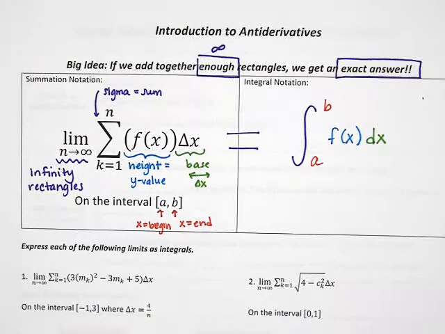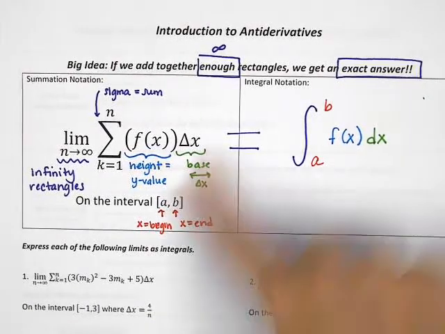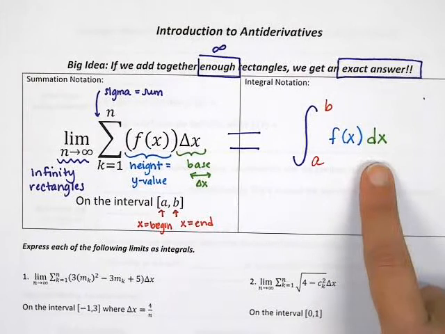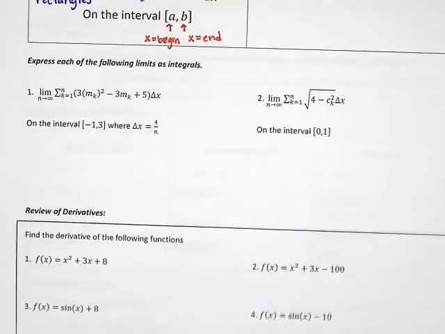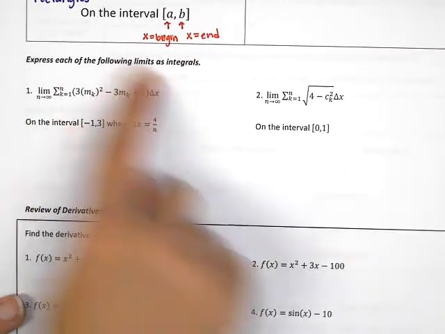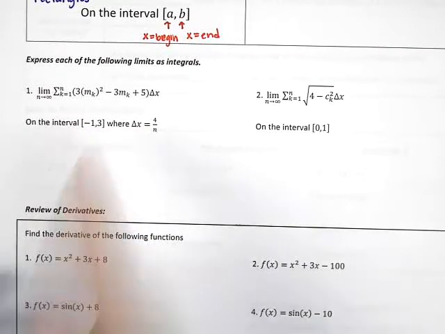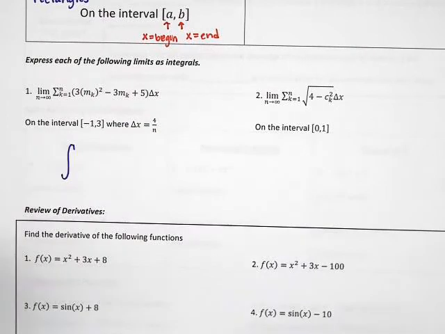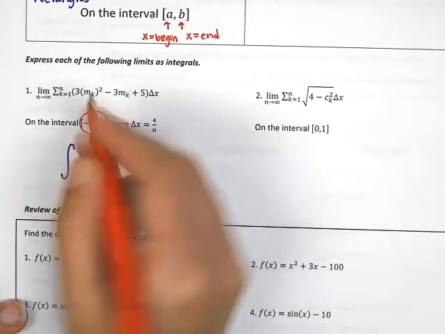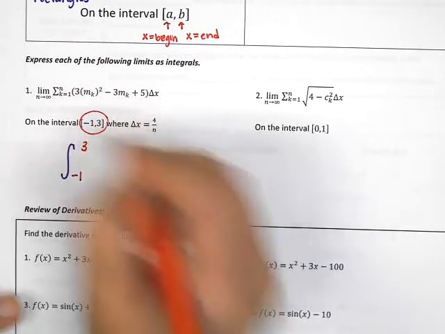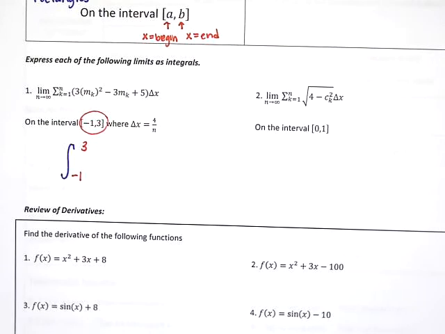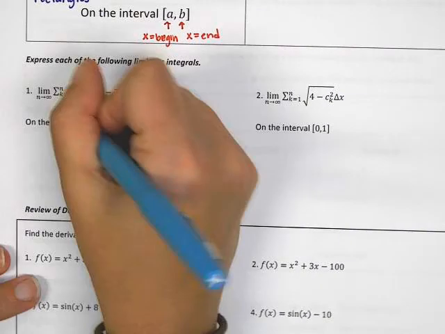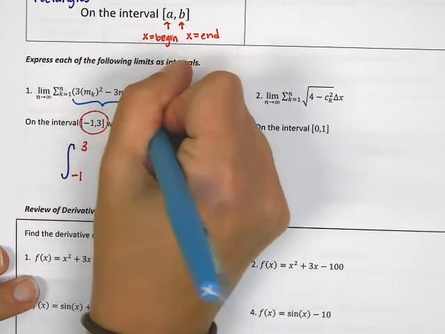So one of the things we need to know how to do is to take a summation notation and rewrite it as an integral. For example, if I give you this summation notation on this interval, can you rewrite that as an integral? So here's what you would do. You would write your integral symbol, and you would use the interval to fill in the bounds of the integral symbol. Now inside of your integral, you need a function. So you're going to get the function by looking here.